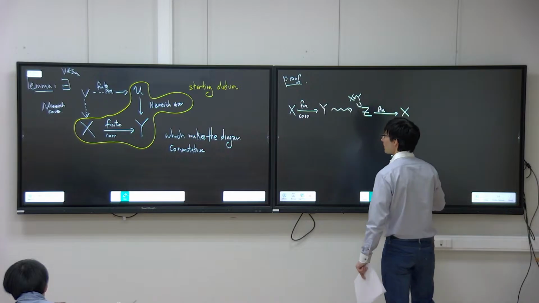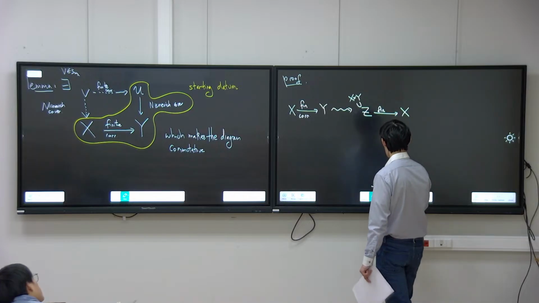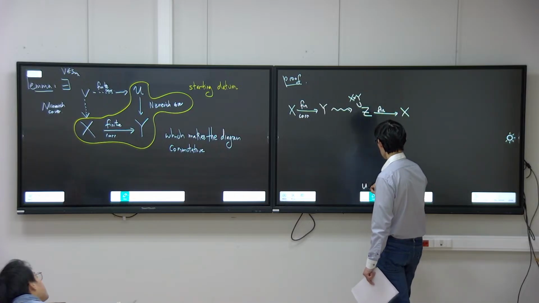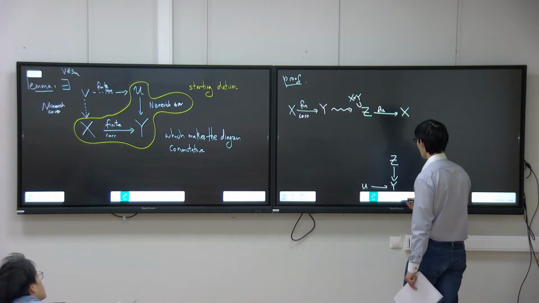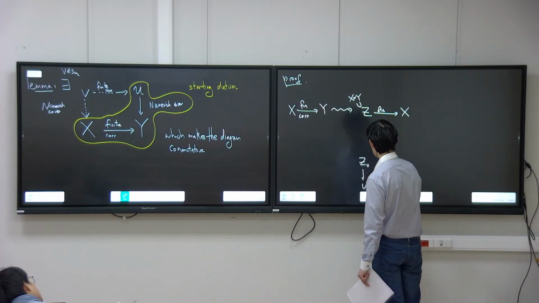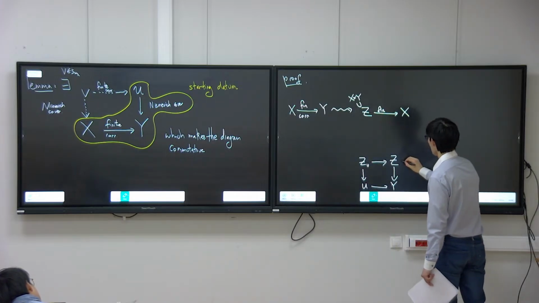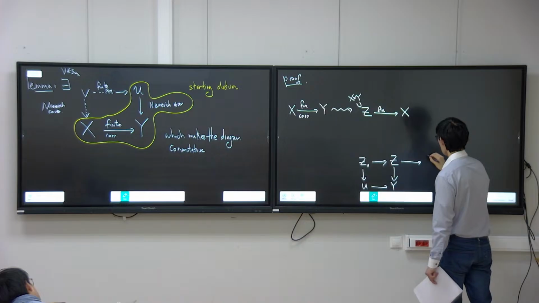Yeah, so Z lives over Y, and we have some Nisnevich covering here, U, in part of our datum, and I let ZU be the fiber product. And at the same time, I have here X, which is finite.